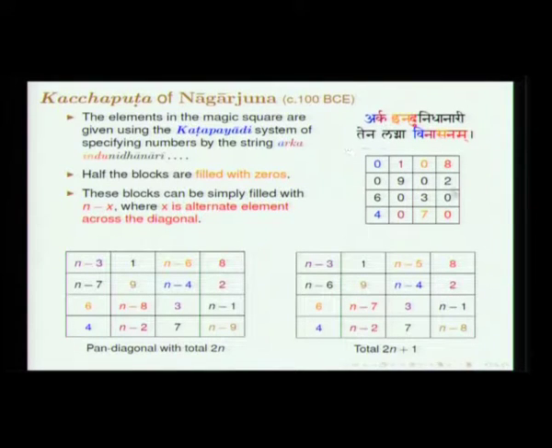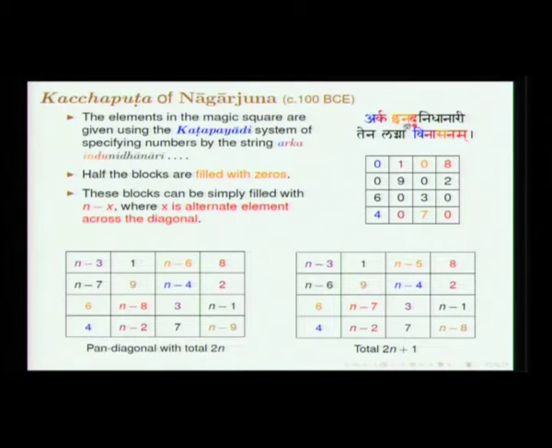If you look at every syllable here and try to translate it into this form of a magic square, you will see that A refers to 0, Ka refers to 1, E refers to 0. In the Katapayadi system all vowels refer to 0 and Nya and Na also refer to 0. So Indu, Da refers to 8, Ni, Dha, Na, Ri, Ra is 2, and then Tena Lagna, Vi, Na, Sa, Nam.